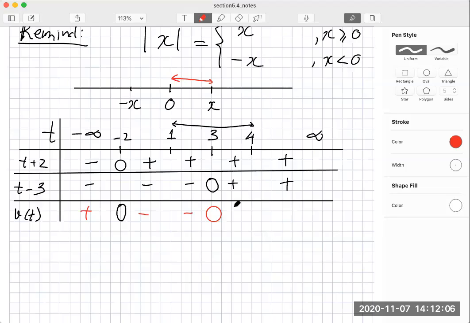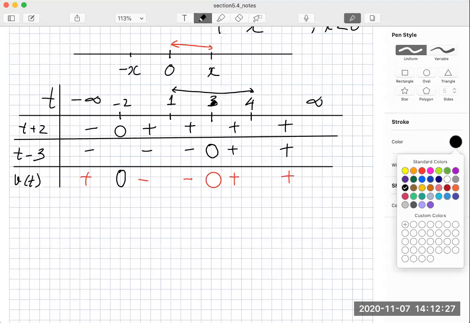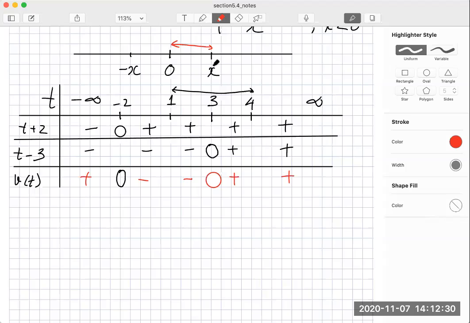This one would be positive, right? And here it would be positive. Okay, so this function is positive from 3 to 4 and negative from 1 to 3, right? And we know that 3 is a very special number. It is not a critical point, but it changed the sign.